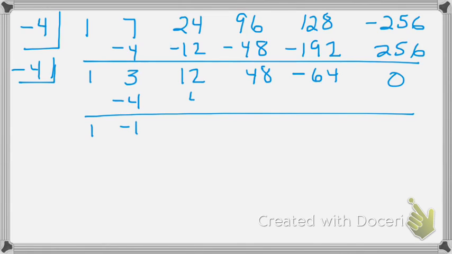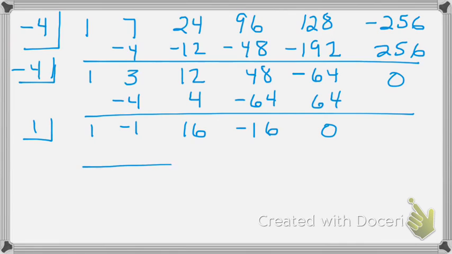Negative 1, 4, 16, 64, and subtract, and I get a negative 16, positive 64, and a 0. And what was the other x-intercept? A 1. So 1, 1, 0, 0, 16, negative 16.